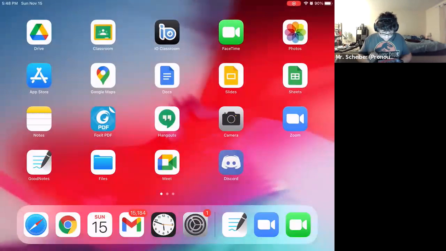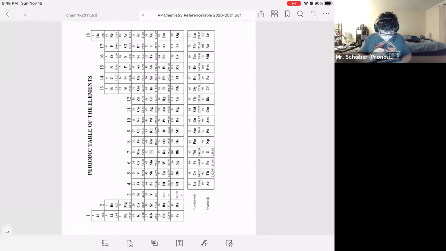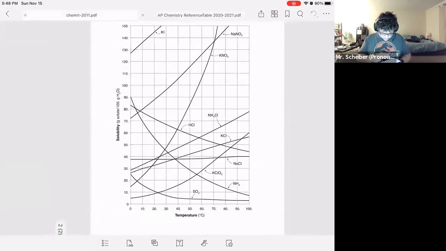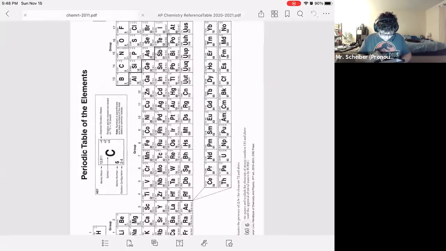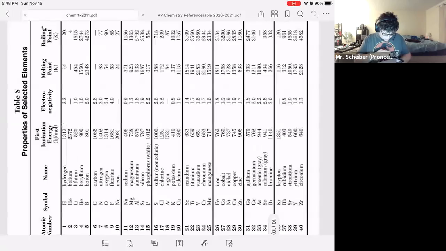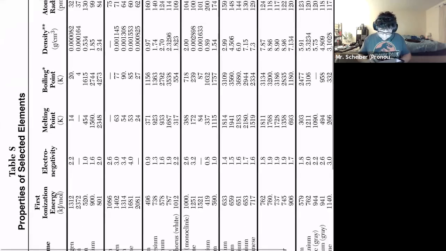I have the reference table here. That is the AP reference table. We want the Regents reference table. Here we go. So hydrogen, number 1, has an electronegativity of 2.2.